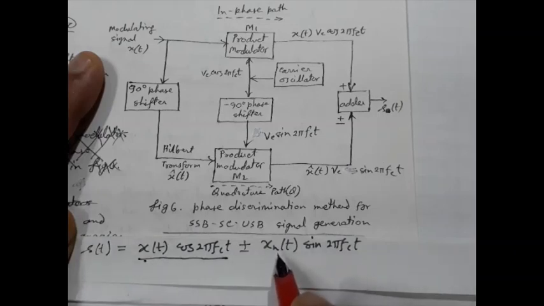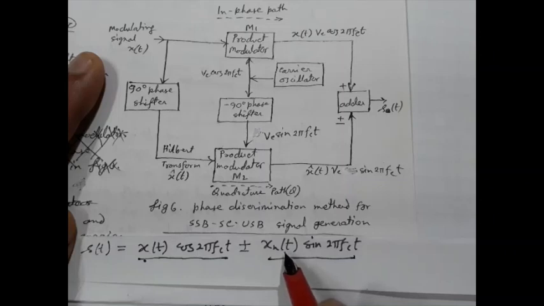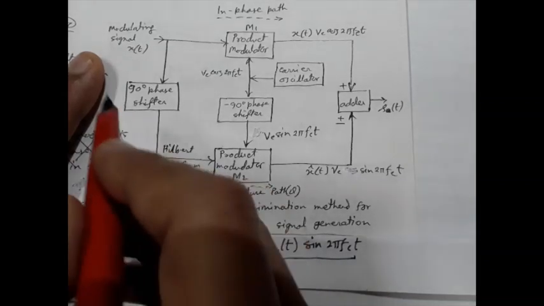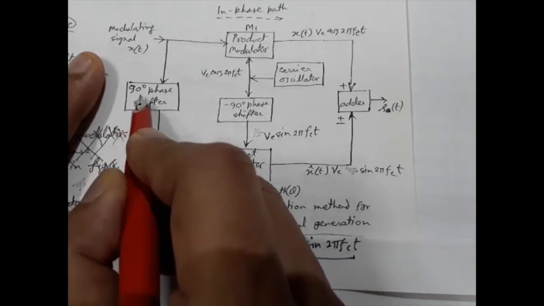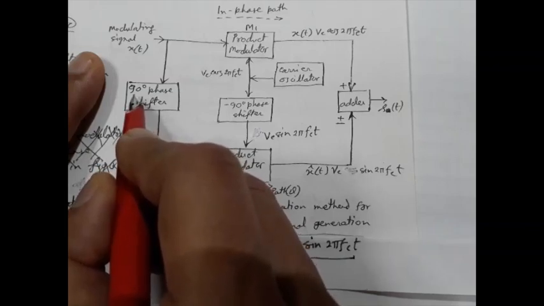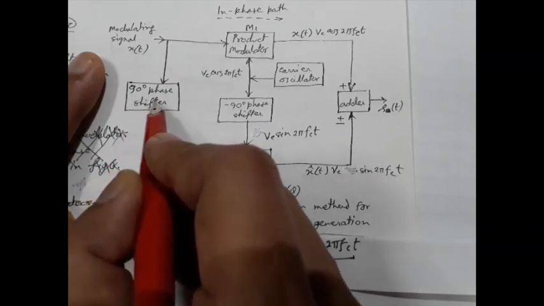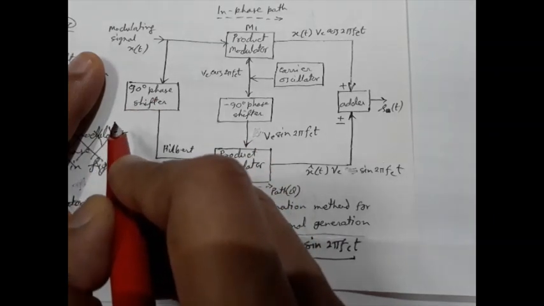Next, we have to generate the second term. To generate the second term, first of all, we need this x_h(t). How do we get this x_h(t)? x_h(t), or the Hilbert transform of x(t), can be achieved by changing the phase of each component of x(t) exactly by 90 degree.